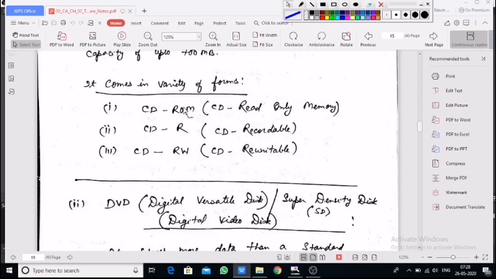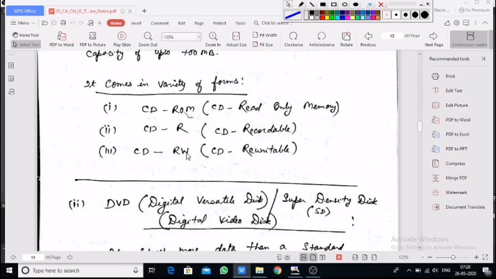That is CD-ROM. CD-R is recordable, in which you can record something, you can write something, like a blank CD, right? If you purchase it from the market and start writing on that CD, that is CD-R, CD recordable. And the third one is CD-RW, that means rewritable.